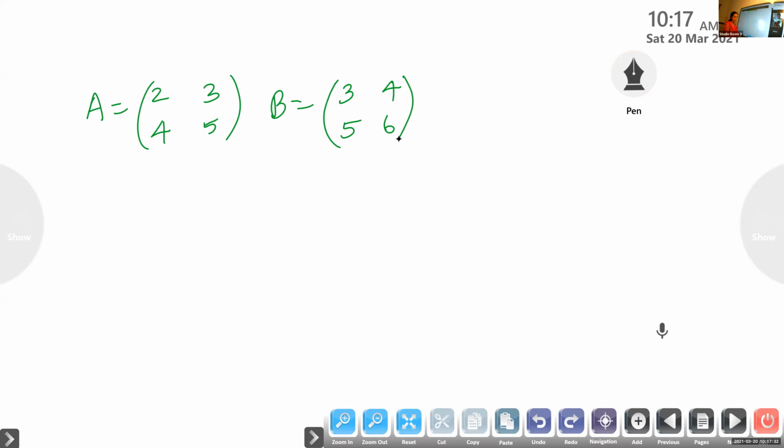Find a matrix X such that 2A plus B plus X is equal to 0.